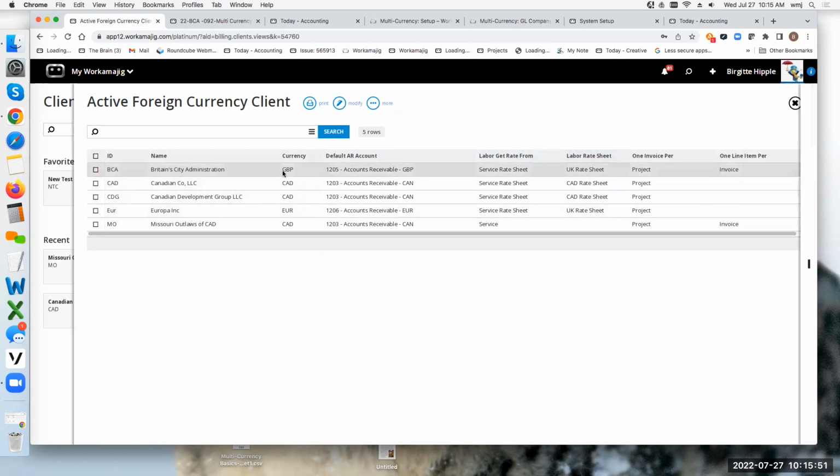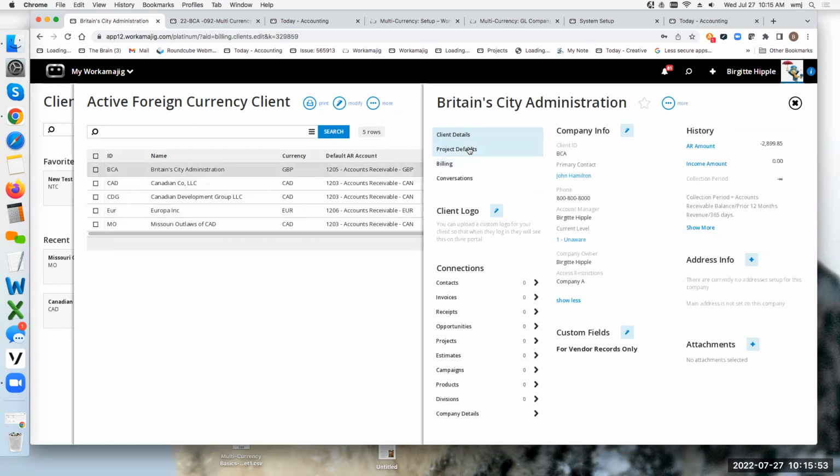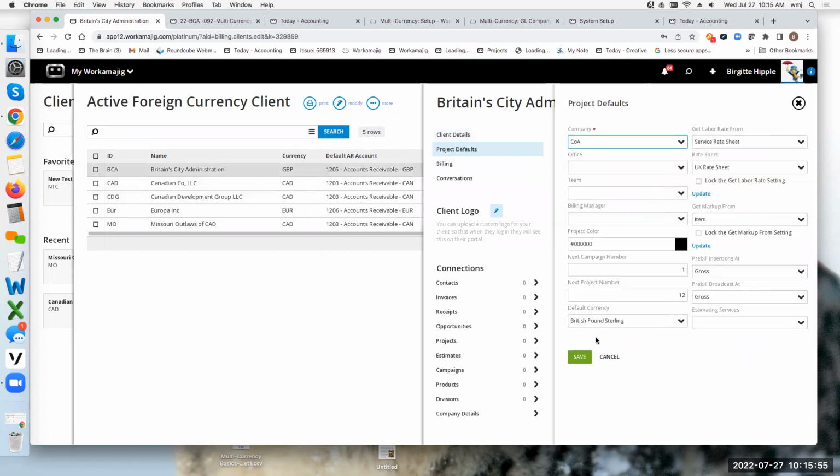Now, when I set the currency on these project defaults, that's just saying that when I create a project, I generally want that project being billed in GBP. Like any other project defaults, once I create the project and it defaults in the currency, I can still change it until I have transactions on it.